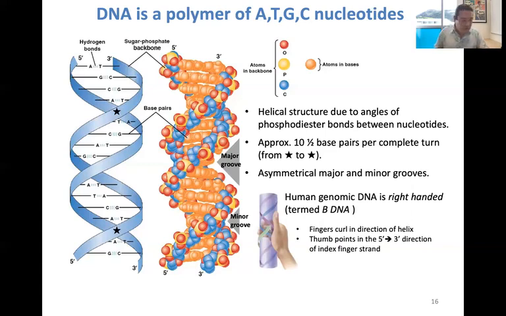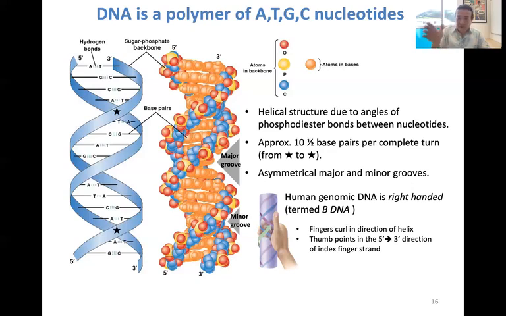Another important aspect of our DNA is the handedness. So human DNA is what we call right-handed. What does that mean? That means if you were to imagine that this spiral was in front of you, and you were to actually grab it with your right hand, your fingers would naturally curl around in the orientation of this cartoon here, and your thumb would be pointing in a particular direction, in this case, up.